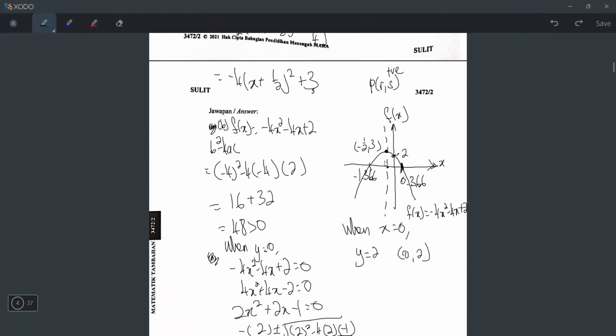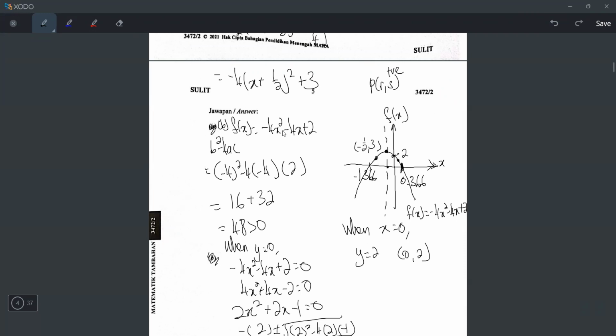So y has to be positive, means point P cannot be here, right? Cannot be here, because if it's here, then the y coordinate is negative. Same thing, it cannot be here also, because if it's here, then the y coordinate is negative. So the point P will be somewhere up here. But it says lies on the graph, lies on the curve, right? It means it can be here, somewhere here also can, or here also can.